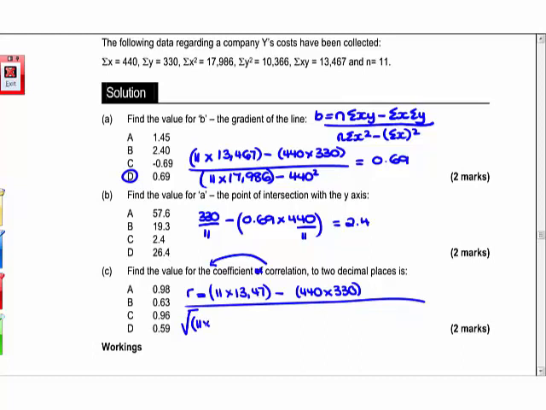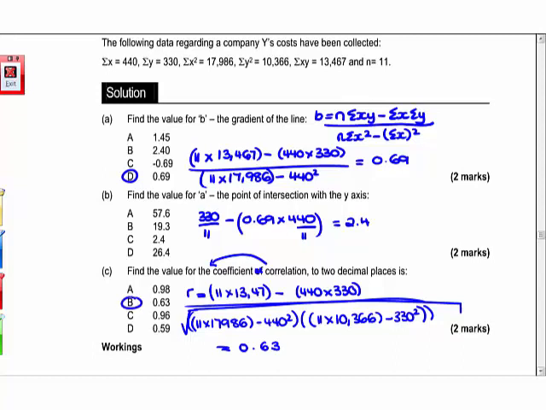So 11 times 17,986 minus 440 squared that we did above, and then we need to multiply that by 11 times the total of the y squared column, which is 10,366, minus the total of the y column squared. And as before, you might want to break that down into stages, but you should get an answer equal to 0.63. So that's answer B.